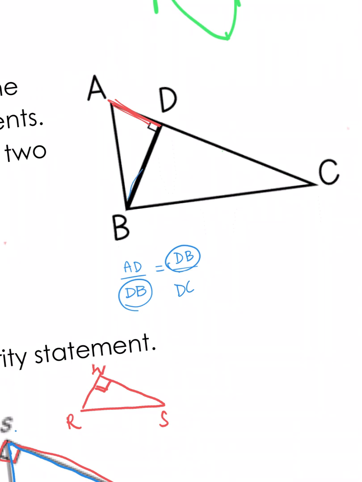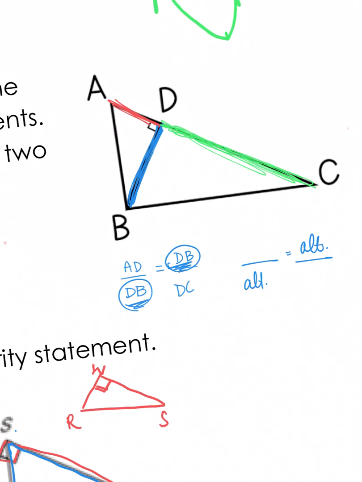And then we've got dB, which is the altitude. And remember, it shows up twice because it is a geometric mean, okay? So let's put that. So the altitude is the geometric mean of AD, which was part of the hypotenuse, and then DC, which is the remaining part of the hypotenuse.